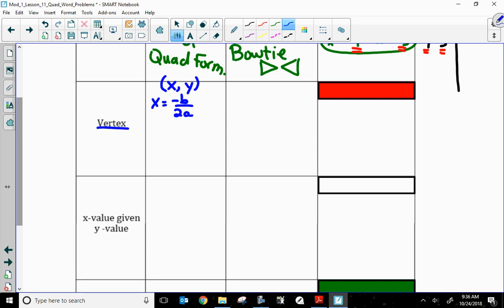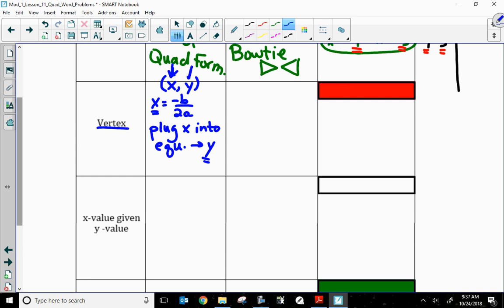Now, if I want to find the y value, because all we did was find the x right now, I plug my x into my equation, and I just evaluate that. That's going to give me my y value. So now I have an x and a y, and guess what?